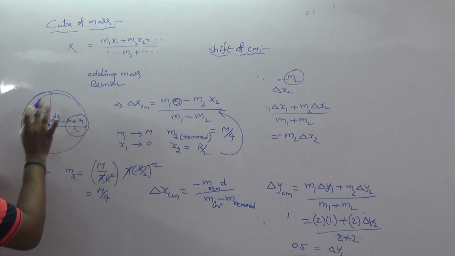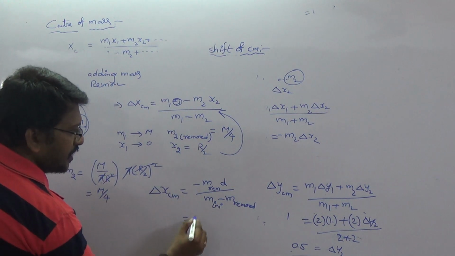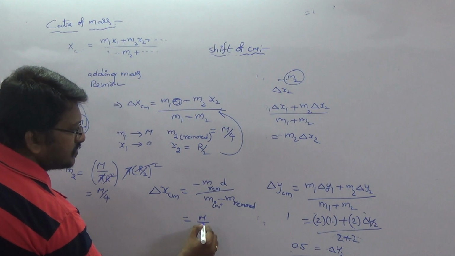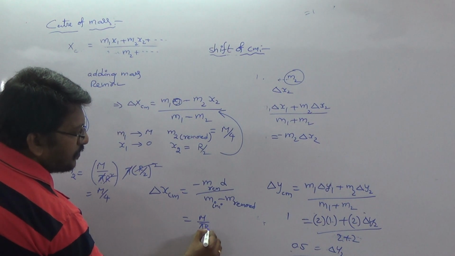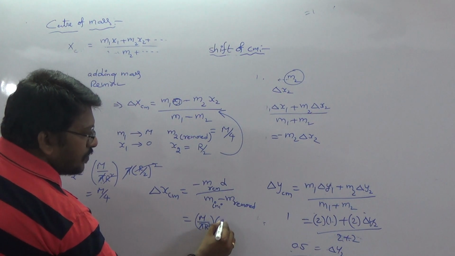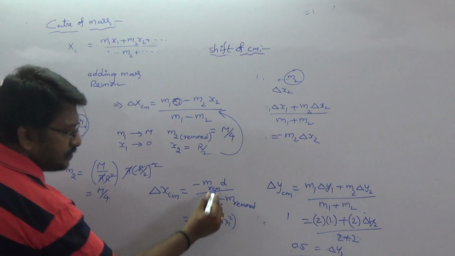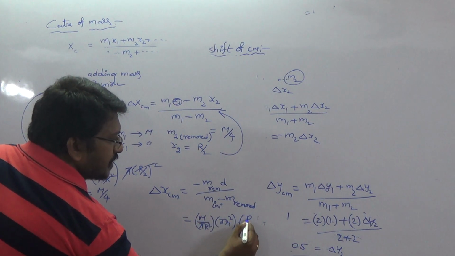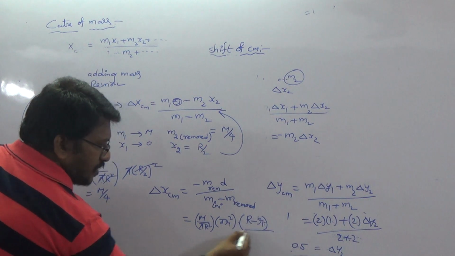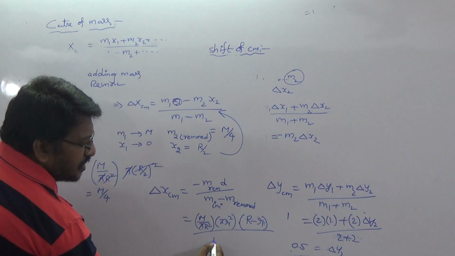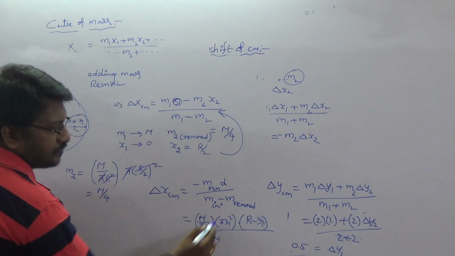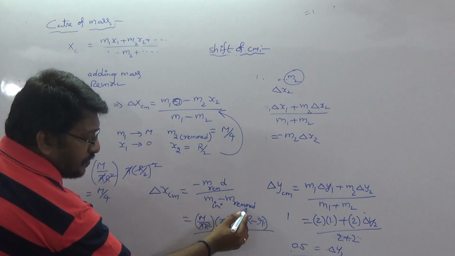In case of a disc, you get the removed mass m by pi capital R square into pi small r square, into d, which is capital R minus small r, by initial mass minus removed mass.